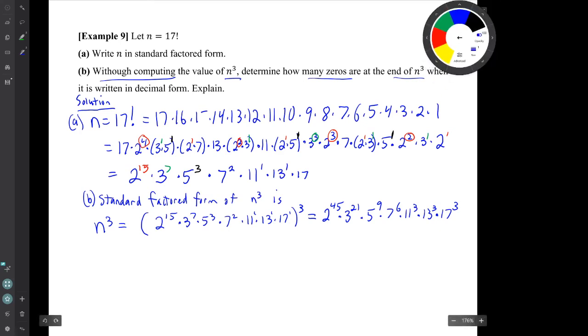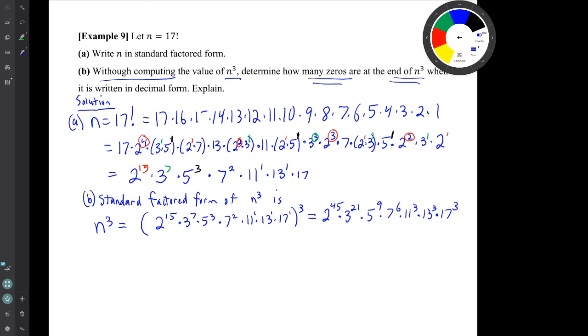Now the question is, how many zeros will be at the end of n cubed when it's written in decimal form? Well, remember that the only way to get a 0 at the end of the decimal form of a number is to have 10 be a factor. If there's 1 zero at the end, then 10 is a factor of your number. If there are 5 zeros at the end, that means that 10,000 is a factor.